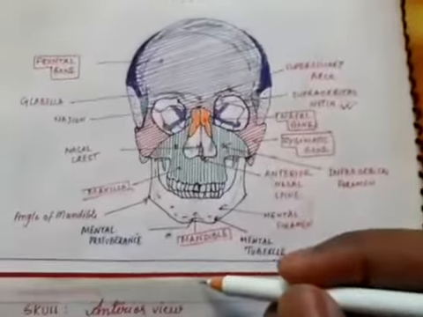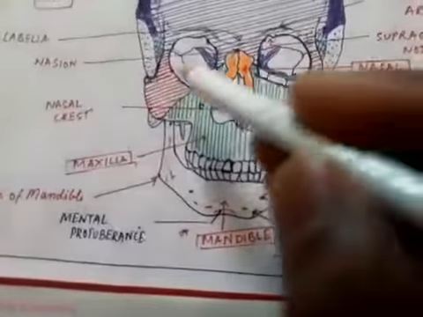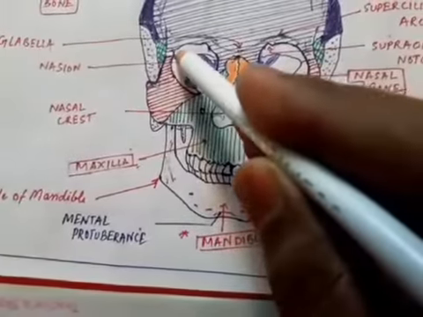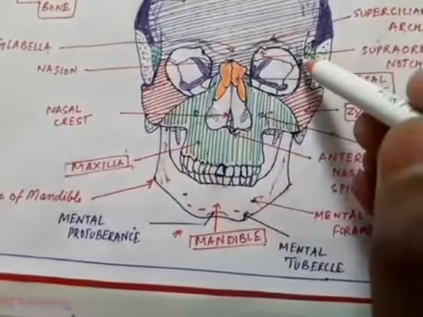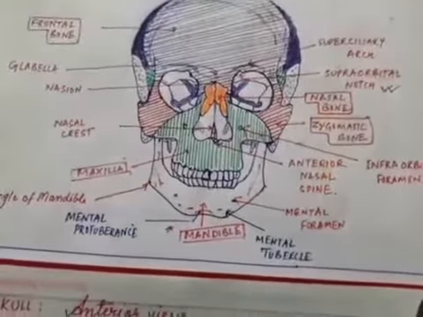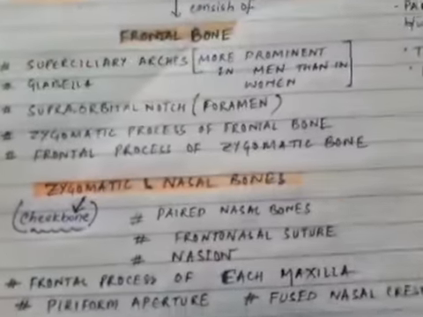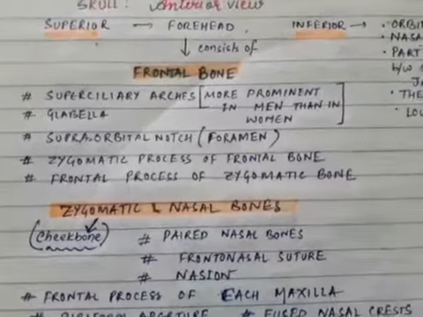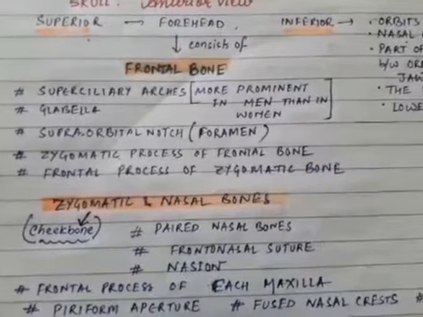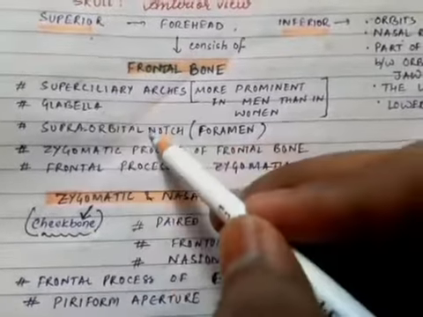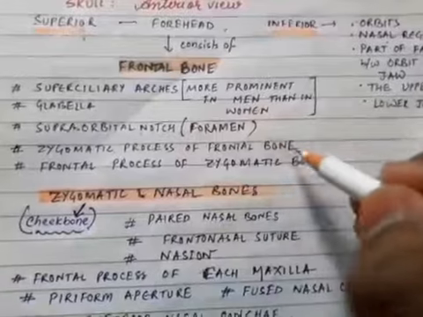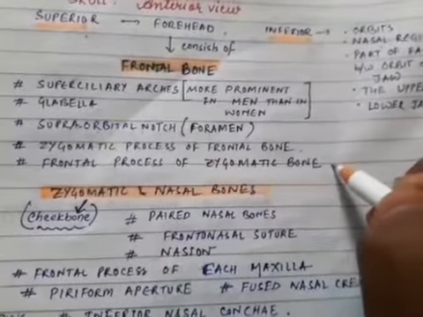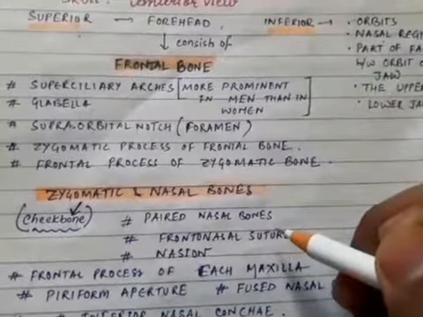And this process articulates with the frontal process of the zygomatic bone. I have written in the notes the main points that you should remember. These are superciliary arches, glabella, supraorbital notch or foramen, zygomatic process of frontal bone, and frontal process of zygomatic bone. These are the main parts.